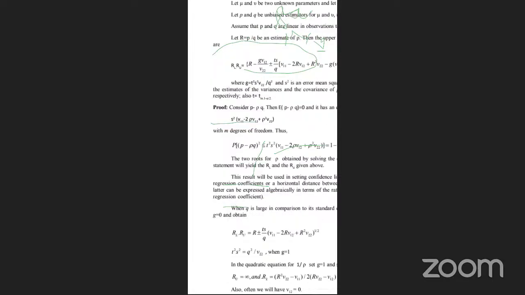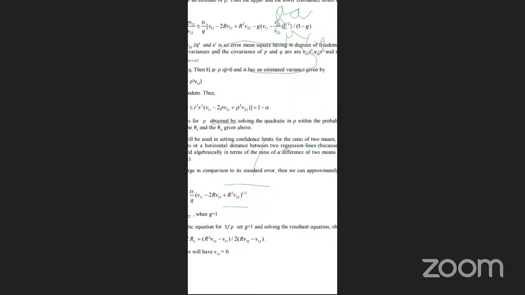Thus, the probability that (P minus rho Q) whole square is less than or equal to t square s square (V11 minus 2 rho V12 plus rho square V22) equals 1 minus alpha. The two roots for rho obtained by solving the quadratic in rho within the probability statement will yield R_L and R_U given above. This result will be used in setting confidence limits.